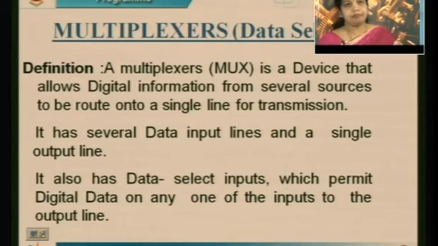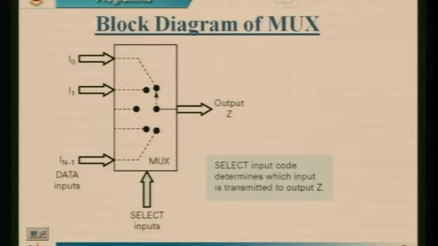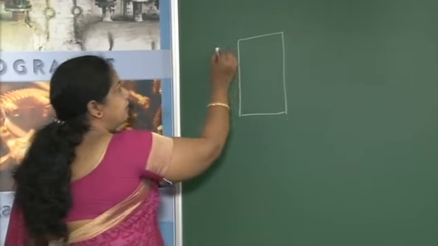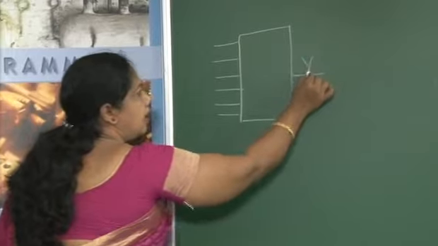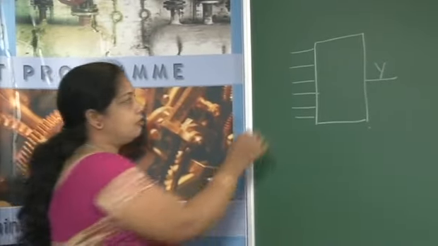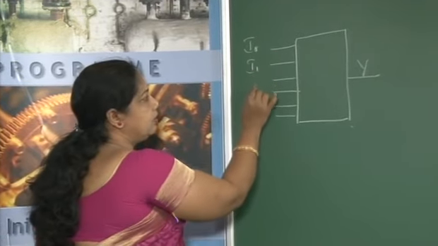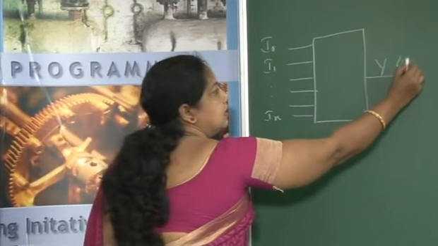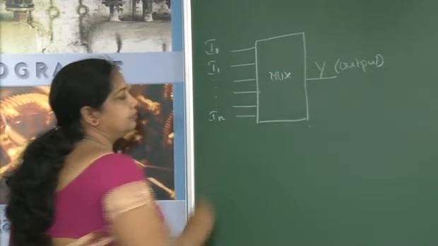So let me discuss the block diagram of a multiplexer. I will start with the multiplexer operation. The multiplexer block diagram is drawn this way. We have inputs and we have an output. As I said in the definition, we have multiple inputs. The inputs are designated as I0, I1, in general IN, and the output is designated as Y. This we call a mux.